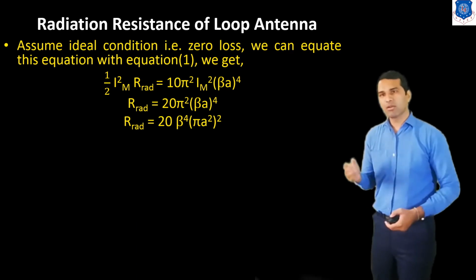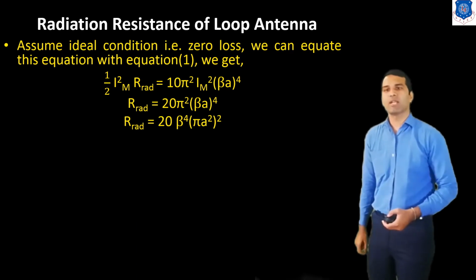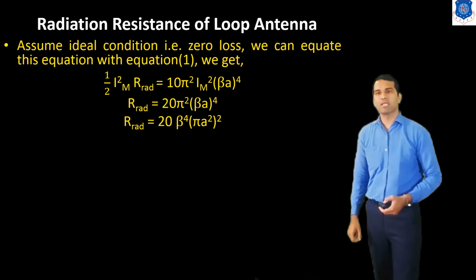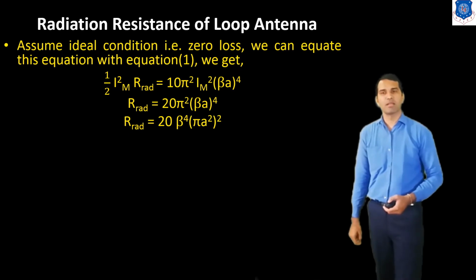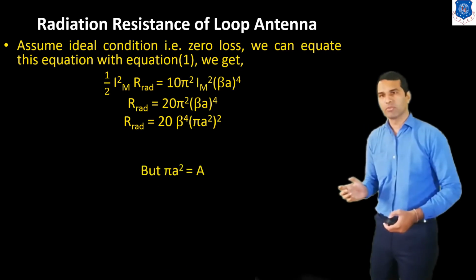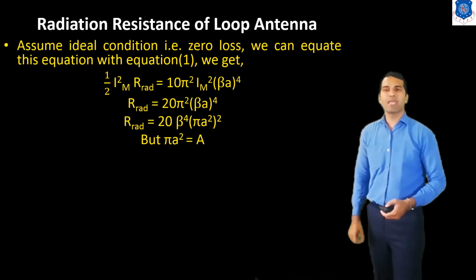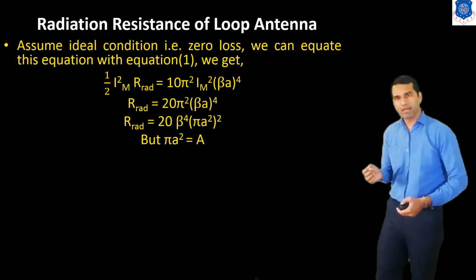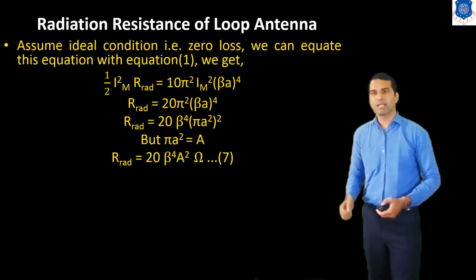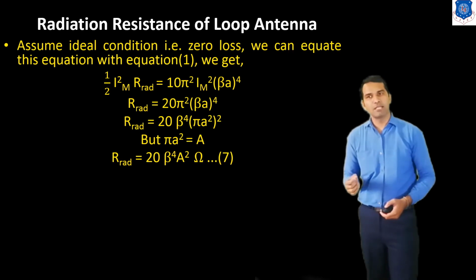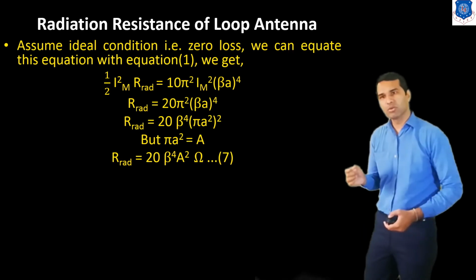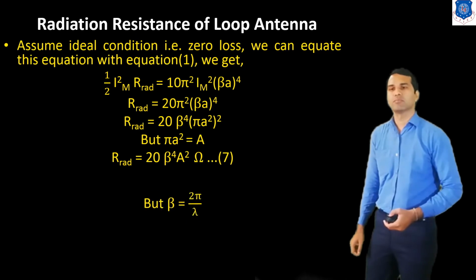Or we can also write this equation as R radiate is equal to 20 (beta raised to 4 pi a square) into whole square. But we know that pi a square is nothing but the area A.